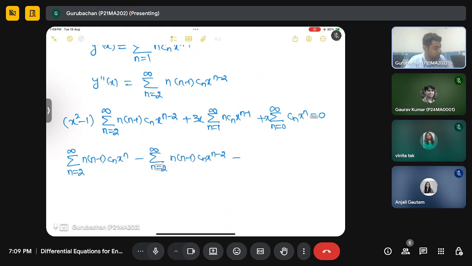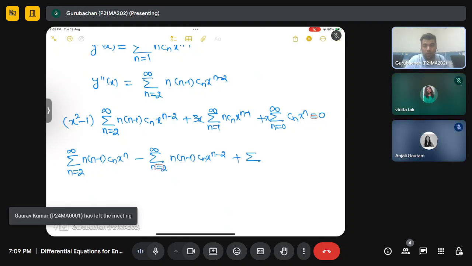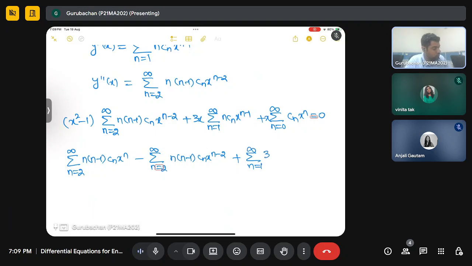Next one will be the sum n 1 to infinity 3 times n cn x to the power n, plus the sum n 0 to infinity cn x to the power n plus 1 equal to 0.